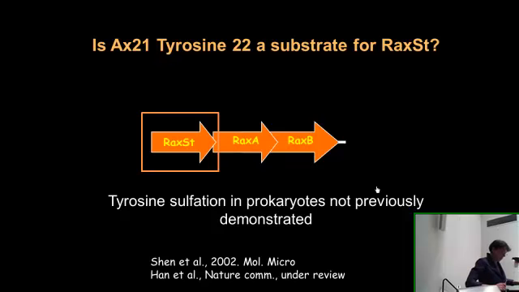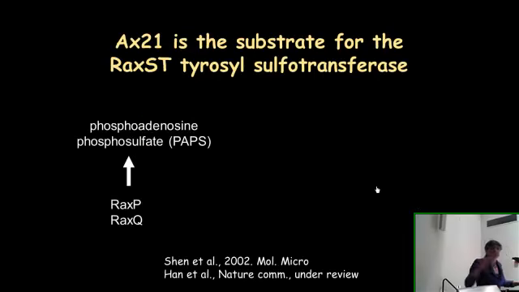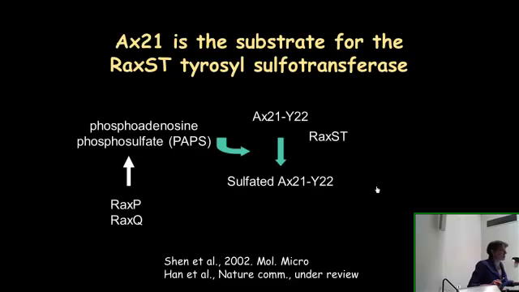But we went ahead and purified recombinant RaxST and carried out a biochemical approach. And I want to mention also that we had identified 2 other genes that were required for AX21 activity. And these 2 genes were important for the synthesis of phosphoadenosine phosphosulfate. Now, PAPS is a substrate for sulfotransferases.